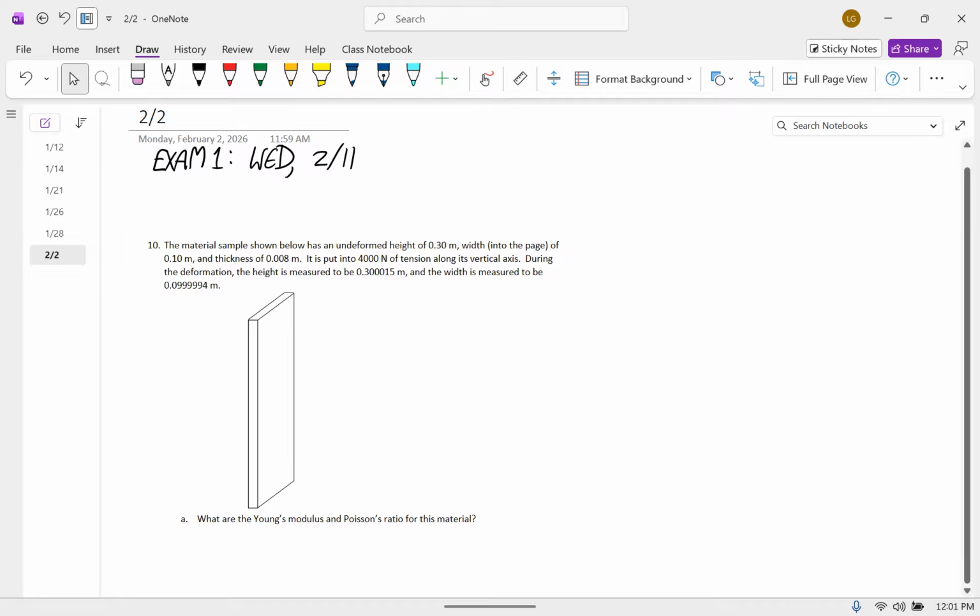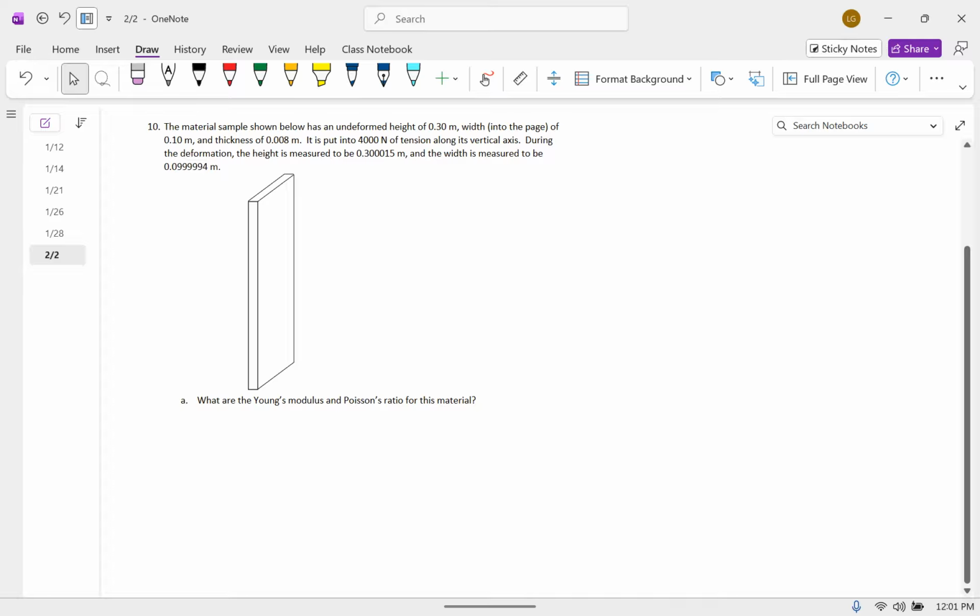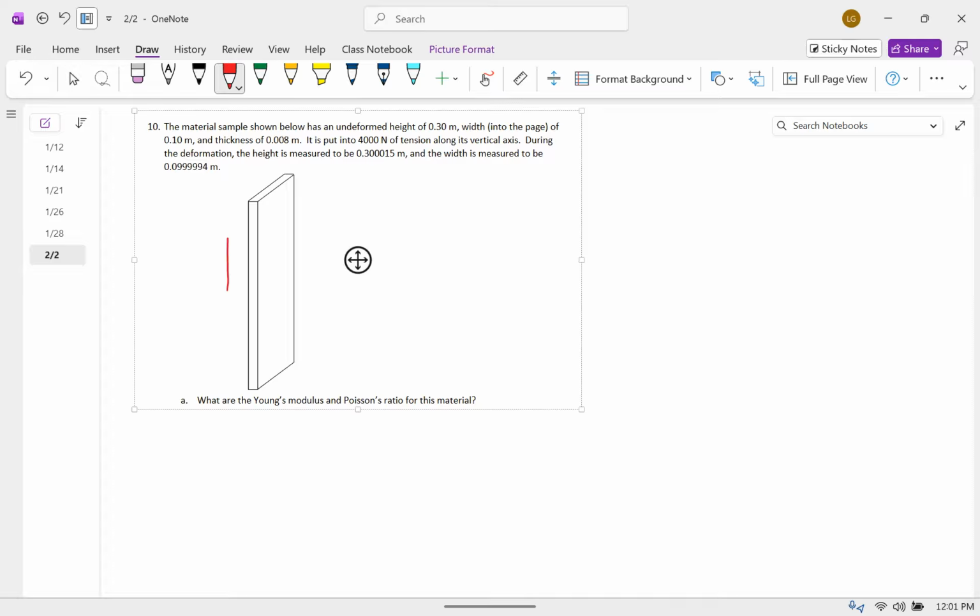Okay, so for number 10, it says there's this material sample. It gives you the starting dimensions. And it tells you how much the thing deforms, and you're just calculating Young's modulus and Poisson's ratio. We'll always use a coordinate system with the x-axis along the direction of loading.